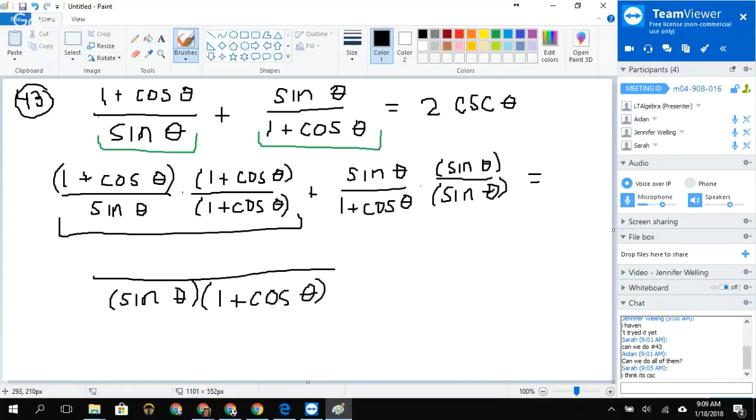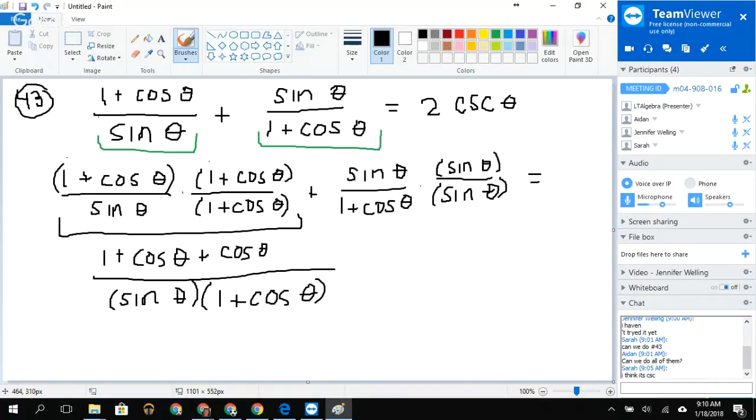So I'm going to have to bust out my FOIL skills to multiply the two binomials together. I have first, which is 1 times 1. So you can also FOIL trig functions. 1 times 1 is my first term. My outside term is 1 times the cosine of theta, so plus the cosine of theta. My inside term is 1 times the cosine of theta, so plus the cosine of theta.